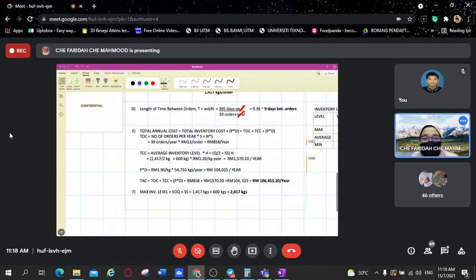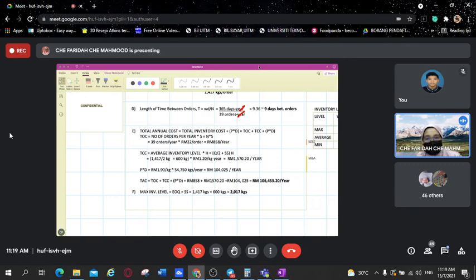Okay, so you notice here that, for this one, in total annual cost, total annual cost is actually the annual total inventory cost plus P multiplied by D. What is this? Okay, total inventory. If the words use inventory, it means only two costs, which are what?